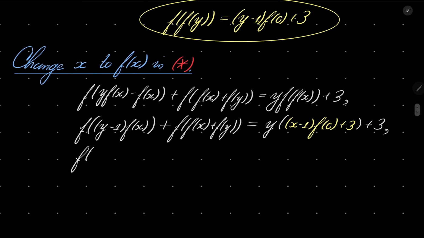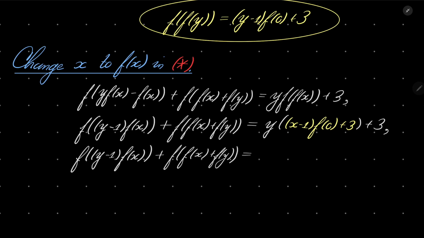And maybe I will do one more thing. f of (y minus 1) times f of x, plus f of x plus f of y equals, well, what do we have on the right hand side? We have xy times (f of 0 plus 3) minus 3 times y minus f of 0 times y, if I am not mistaken.